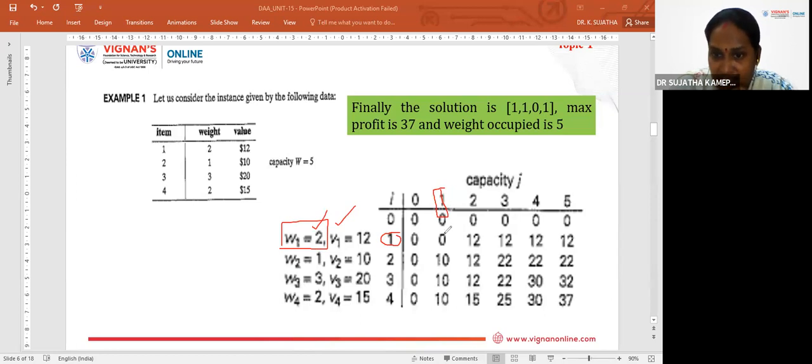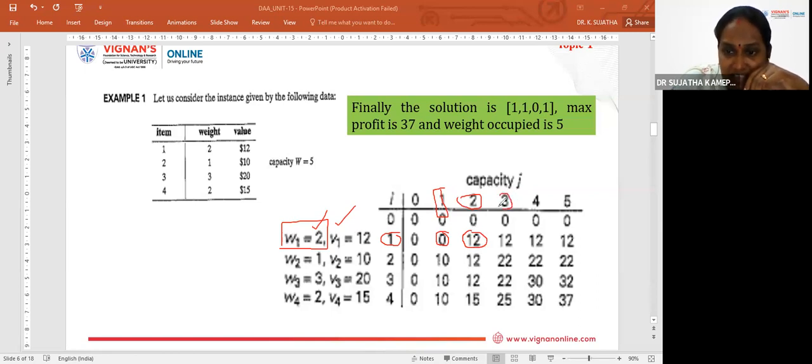No, I cannot place it. So that's why I am not placing this particular object 1, so its value becomes 0. Now the capacity is 2. Here the weight is 2. I can place a weight 2 in the capacity 2. That's why if I place this object in this capacity, I can gain a profit of 12.